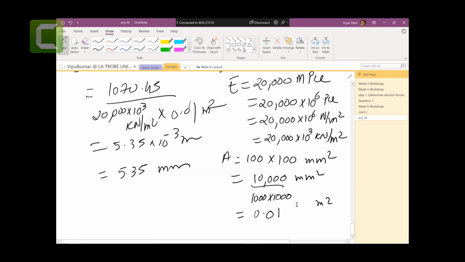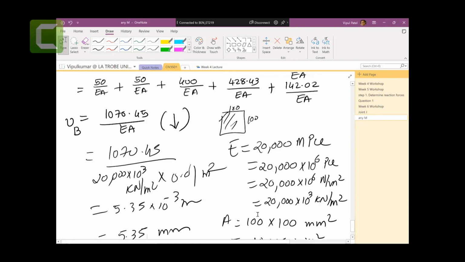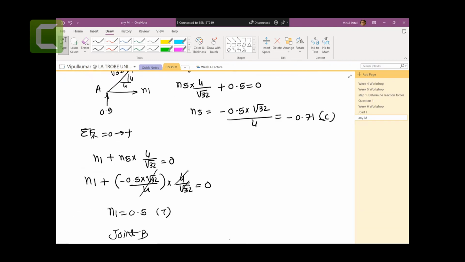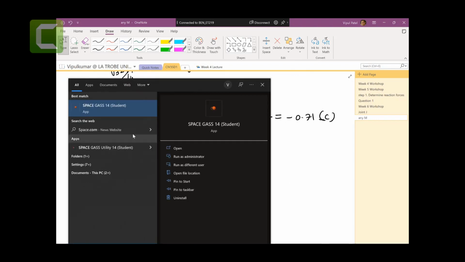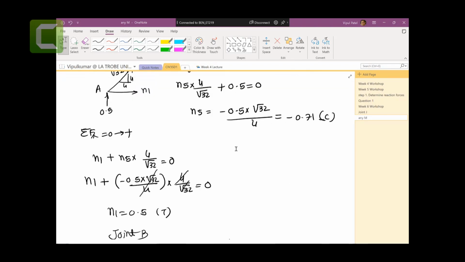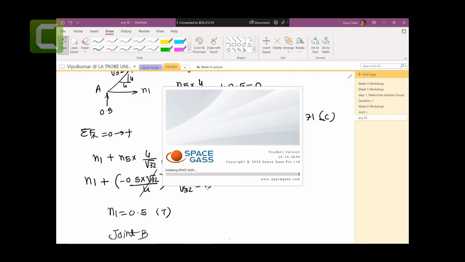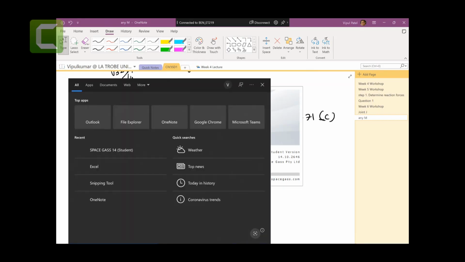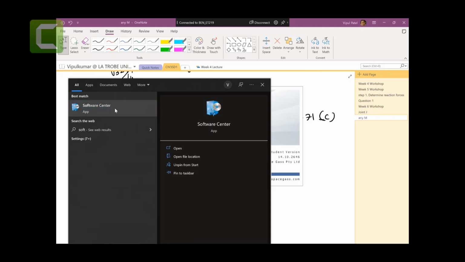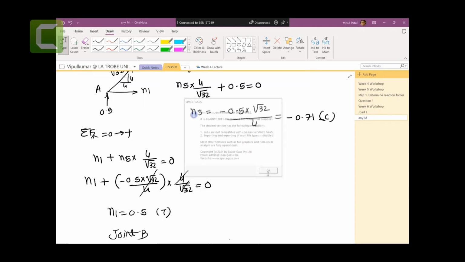It is not going to open here. Anyway, but you know the SpaceGass story, right? If I can make it work beforehand, let me load it from Software Center and see if it is still going to pick it up.